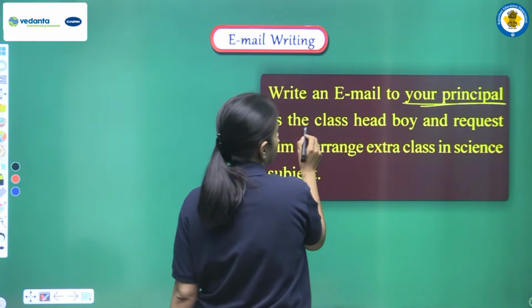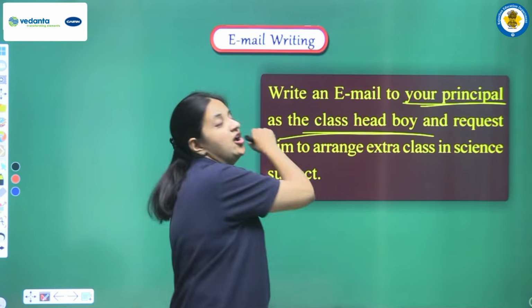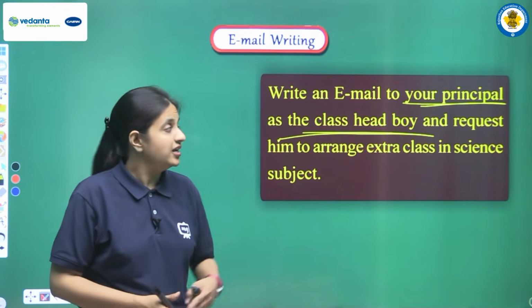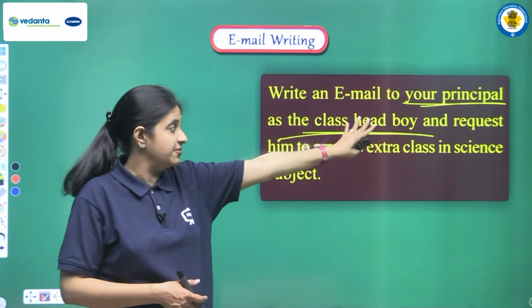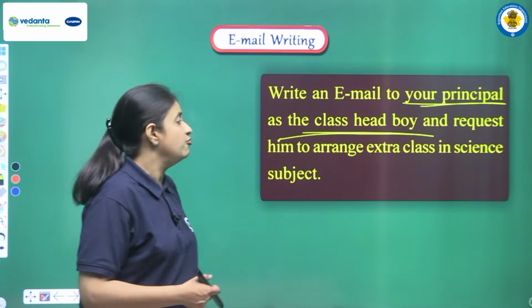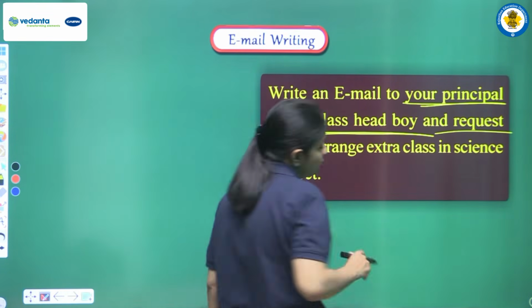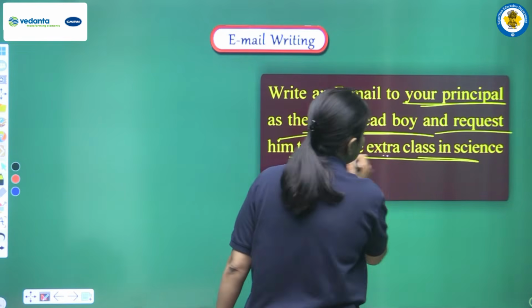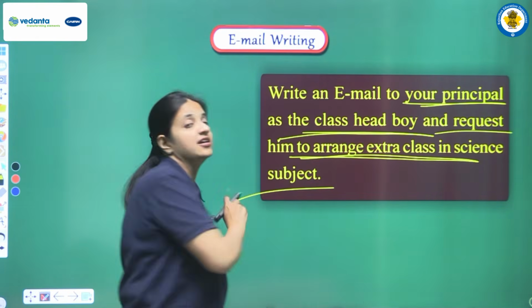Okay, and we are the class head boy, or we can say we are the class monitor, and now we have to write one email to our school principal. In that email we have to make one request to our principal regarding extra classes in science subject.